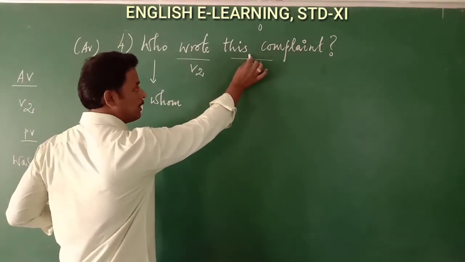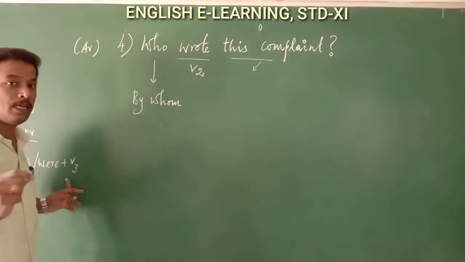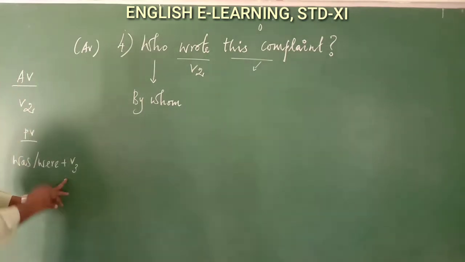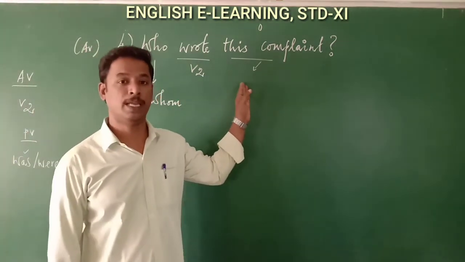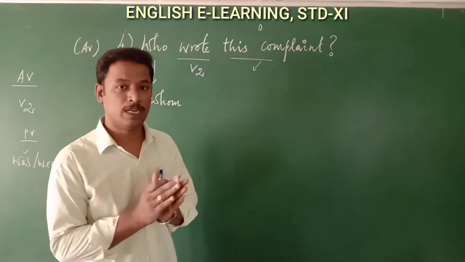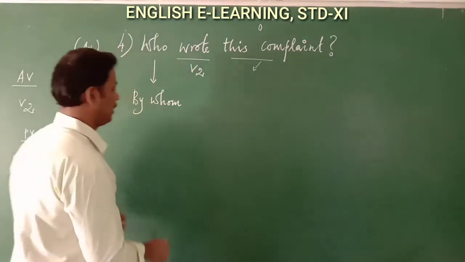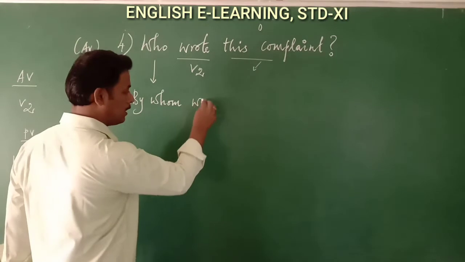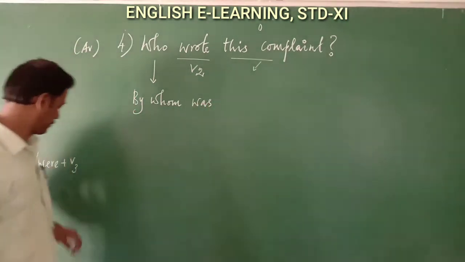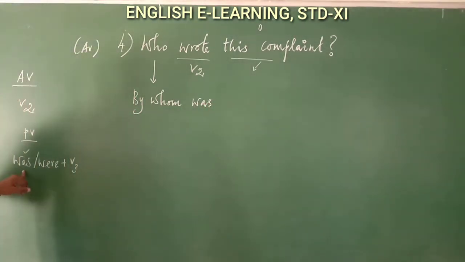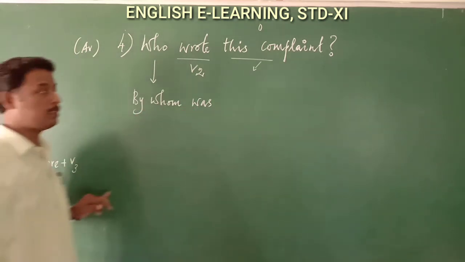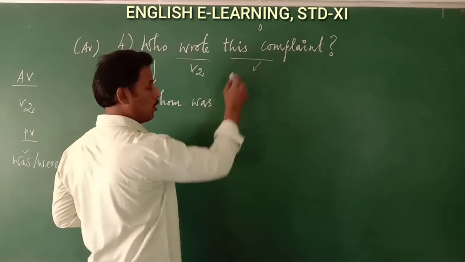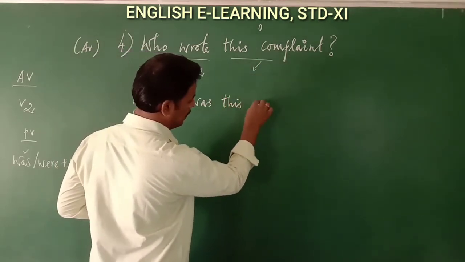So this complaint is in singular subject. Okay, so we have to select was. So the subject must be placed between the verb groups. Like we have to add the helping verb, that is the auxiliary verb, be verb here, by whom, was, and then you have to use the object, this complaint.